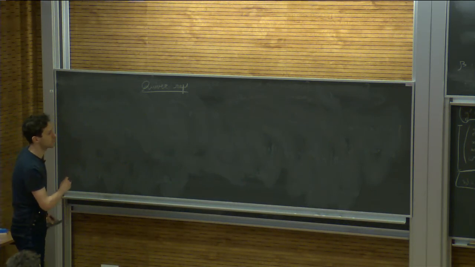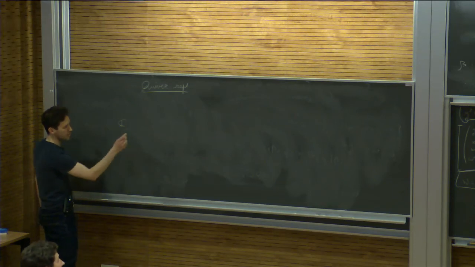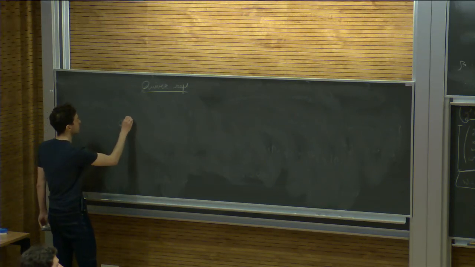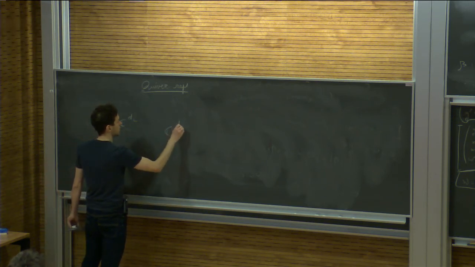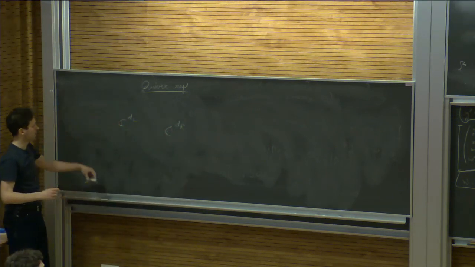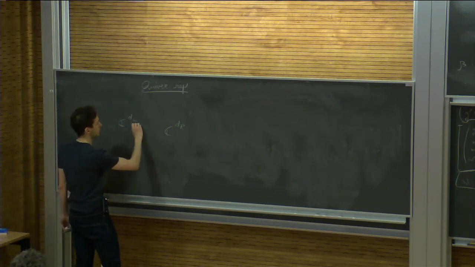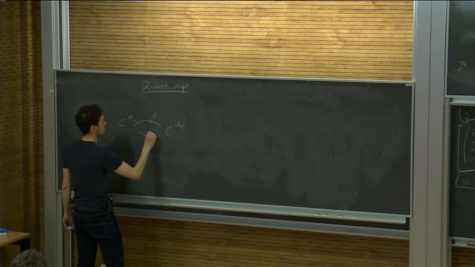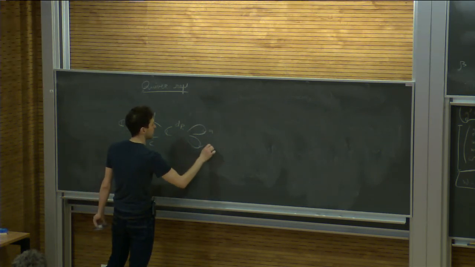Okay, so quiver representations. What's a quiver representation? In this case, it means that at each node, you put a vector space, C to the D left and C to the D right. And so all the arrows now become appropriate matrices.